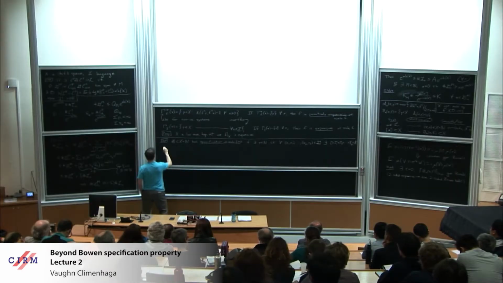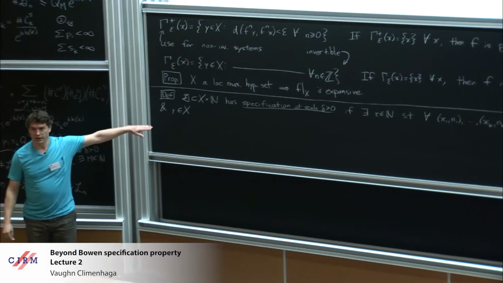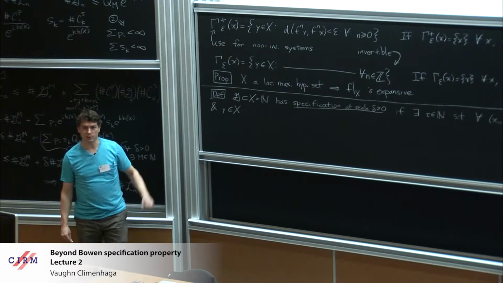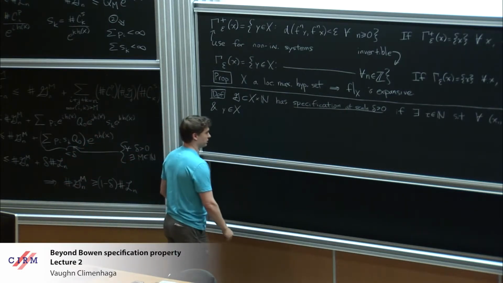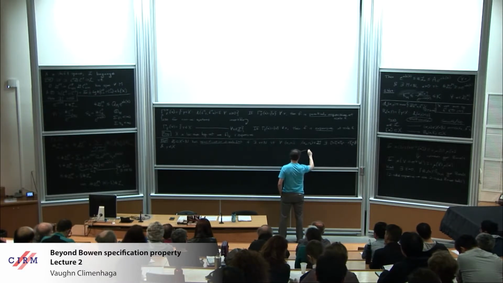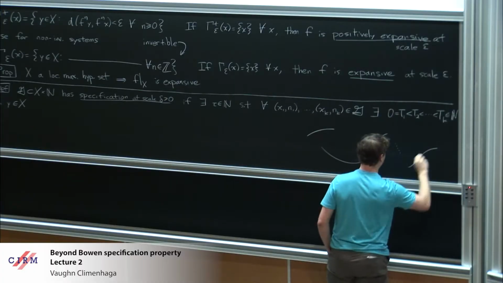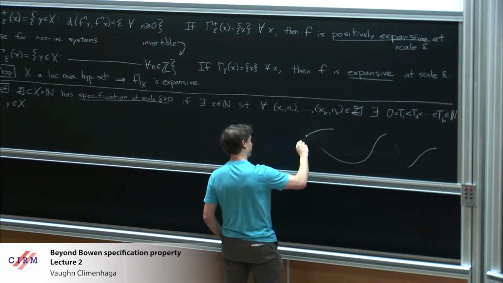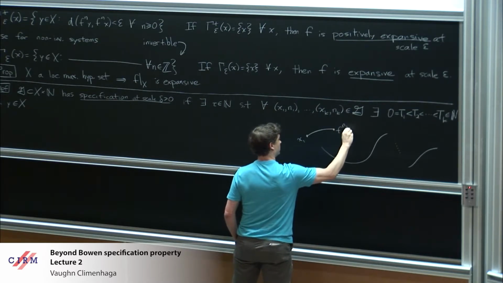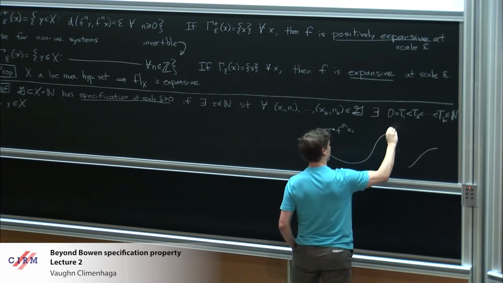and a point y. So y is to be my shadowing point, and the ti's are to be the times at which it shadows the various orbits. So the picture, before I write the rest of it, maybe I should just draw a bit of a picture, which is that if these are my orbit segments, so that this is x1, this is the end of that orbit segment, this is x2, this is the other end of that orbit segment.